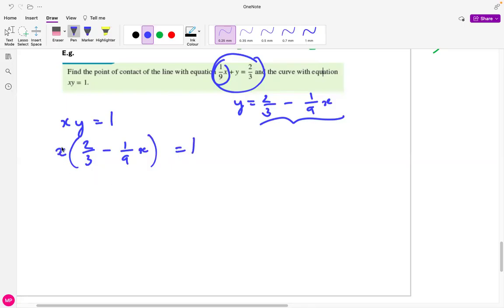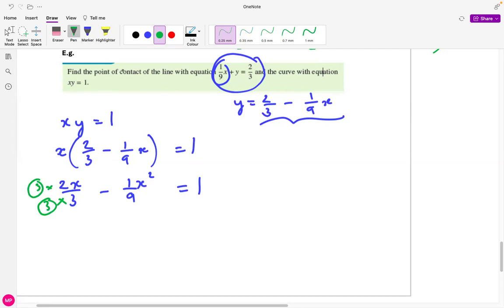So you can expand out and solve for x from here. You get 2x over 3 minus 1/9 x squared equals 1, like that. All right, then you can solve for x. But before solving for x, see the fraction here? We're going to make it nicer. We're going to make them the same denominator. So 3 and 9, so we times by 3 here, times by 3 here.